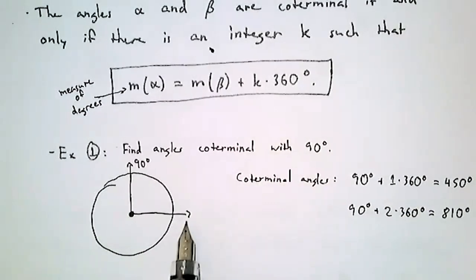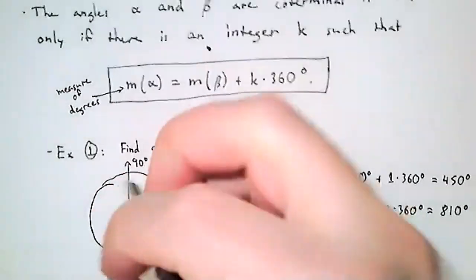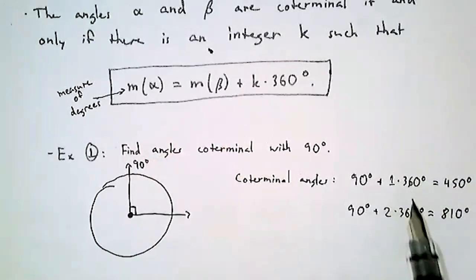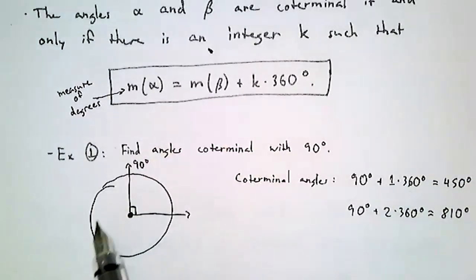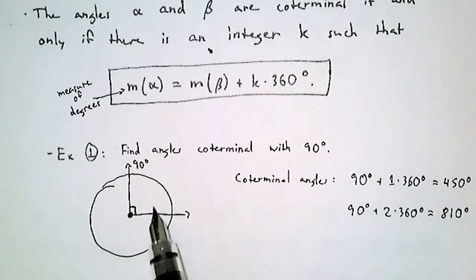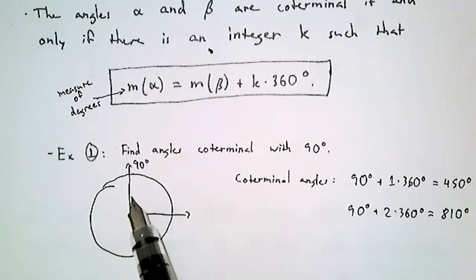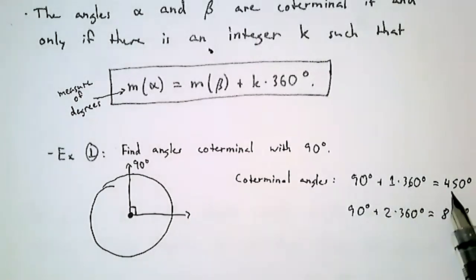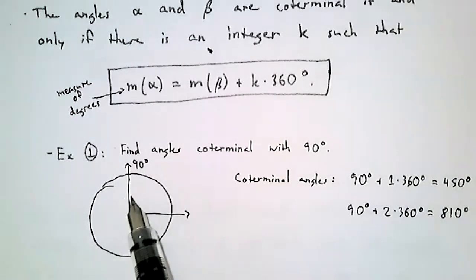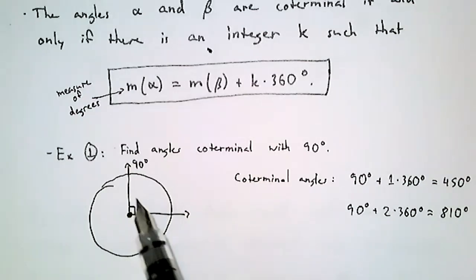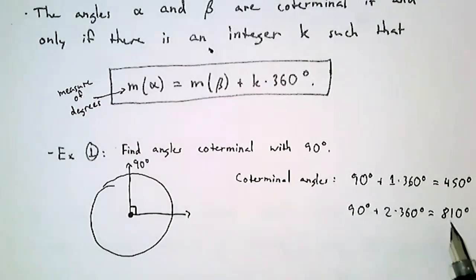So if I start at my angle 90 degrees, and I add 360 degrees to that, that means that I'm going to go all the way around the circle and back to where I started. So if I start at 90, I add 360, I get 450 degrees. And then I could think about starting at 450 degrees, the same place, and go around the whole circle again. And that adds another 360 degrees to get 810.